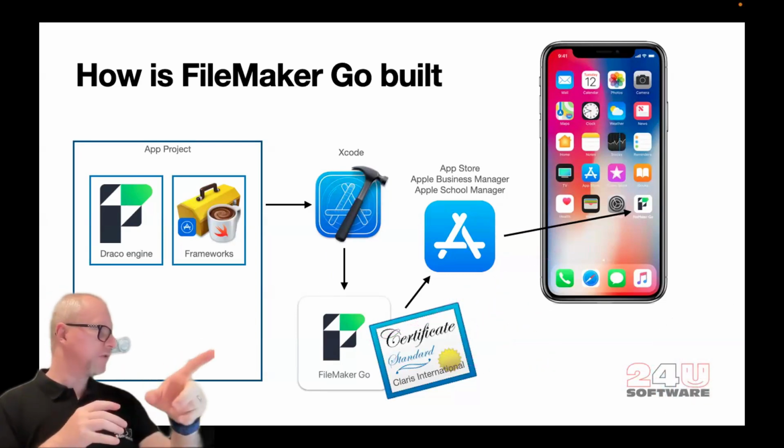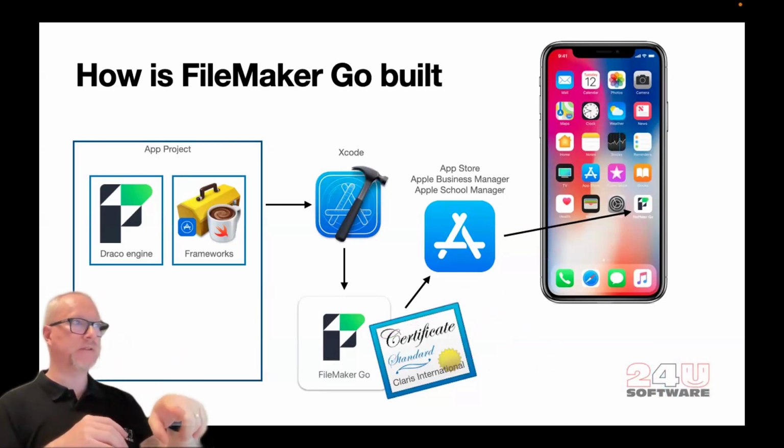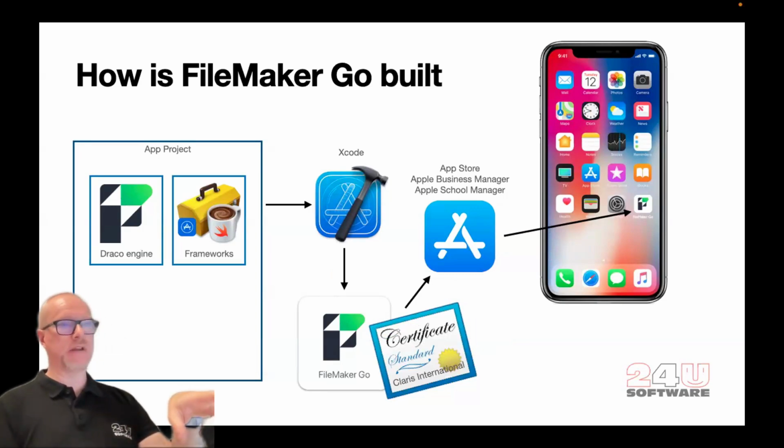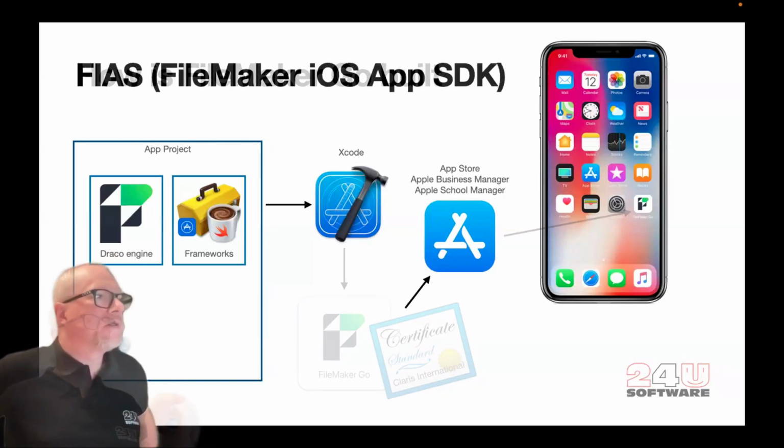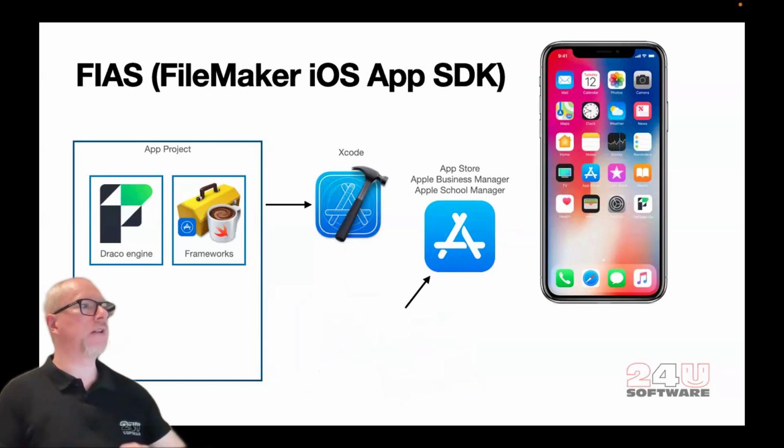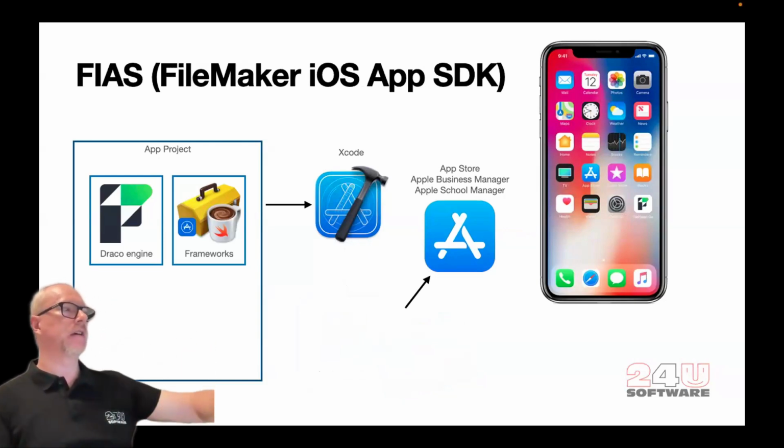Okay, so this is how Claris builds FileMaker Go. What the iOS App SDK actually is, is that they took the project that they base FileMaker Go on. The FileMaker iOS SDK was created simply by them taking their app project and making it public.